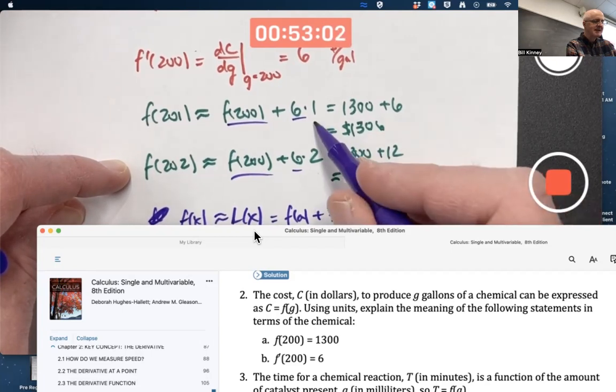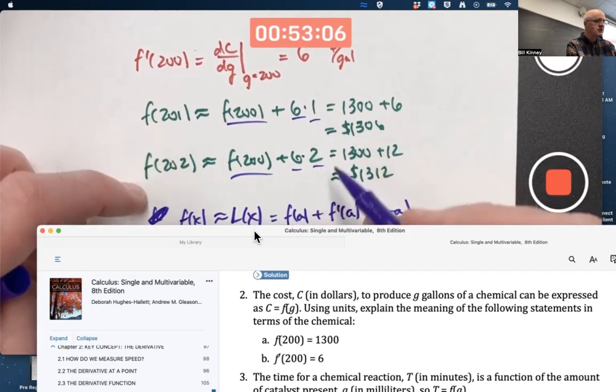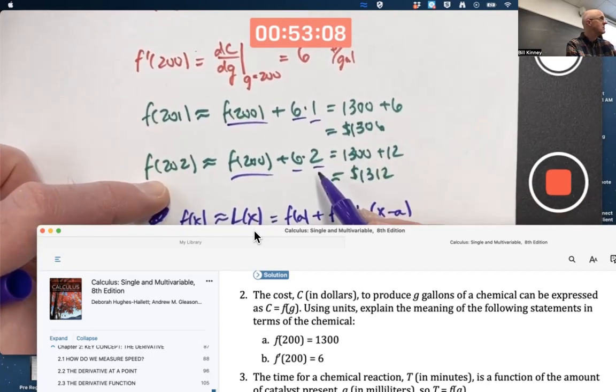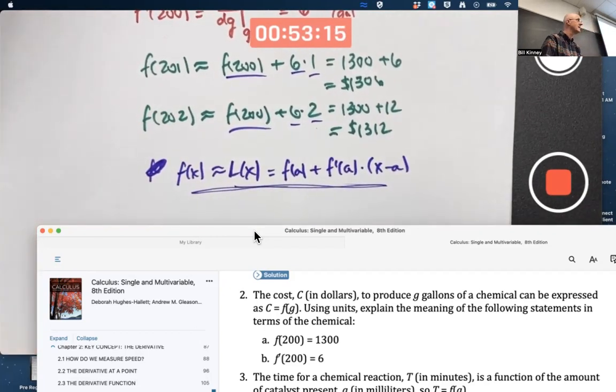And x minus a is 1 here and 2 there. 201 minus 200 is 1. 202 minus 200 is 2. I'm using really this formula that we never wrote down until later in chapter 3. We're using the tangent line to approximate the curve.